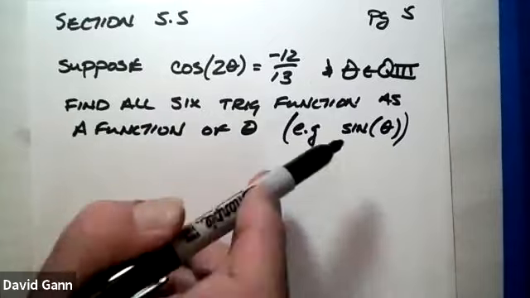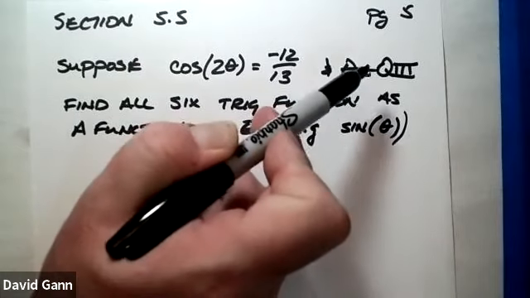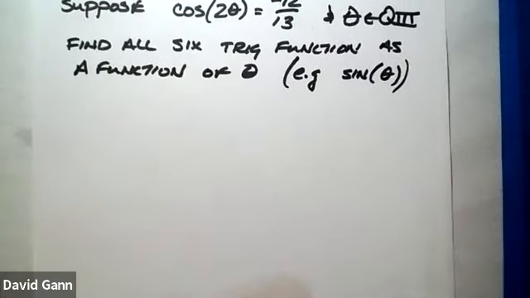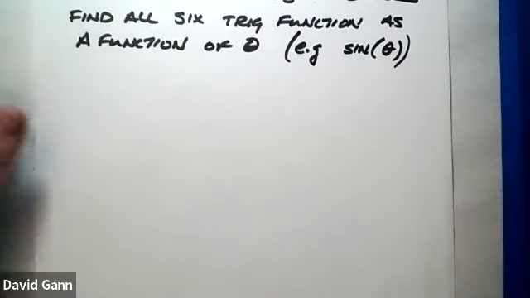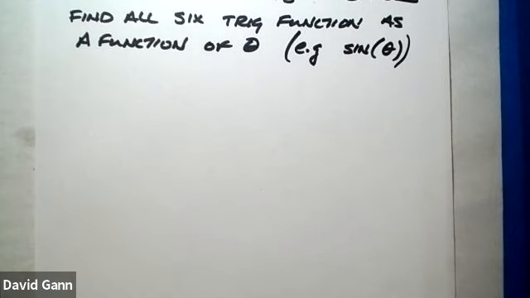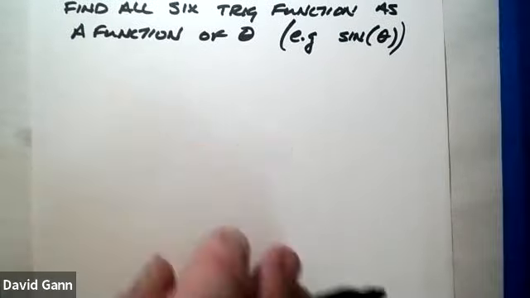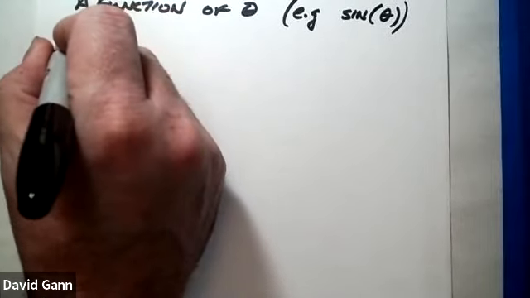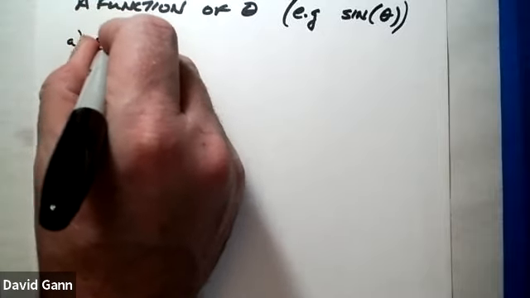So if we find, for example, sine of theta, and we know this about the quadrant, we can write the rest of them just by creating a diagram and putting a point out there on a terminal ray and solving it that way. But let's try to do it in a way that uses some of these new identities, okay? Because I'm sure you know how to do it that way, and if you were pressed for time, that might be the most natural. But let's start by trying to find sine of theta.